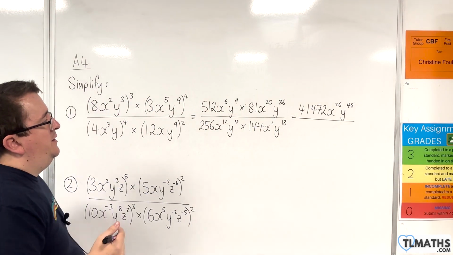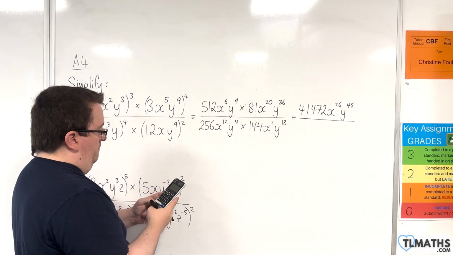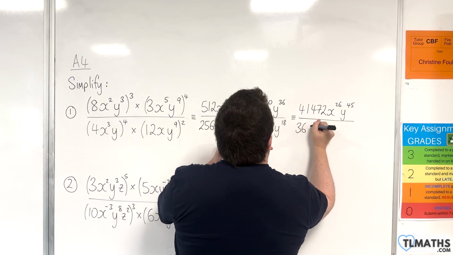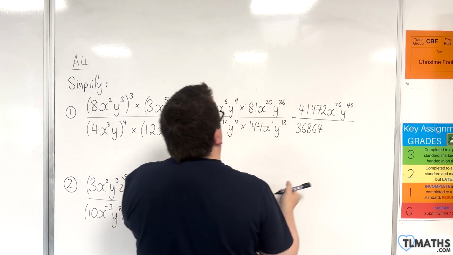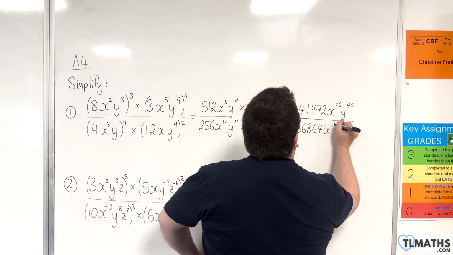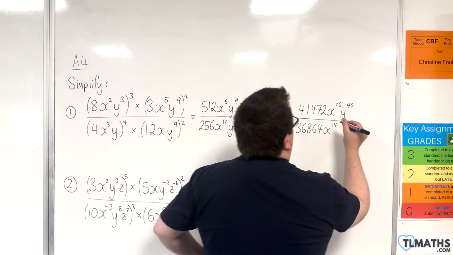In the denominator, we have 256 times 144, which is 36,864. We have x to the 12 times x squared, so x to the 14. And then y to the 4 times y to the 18, which is y to the 22.